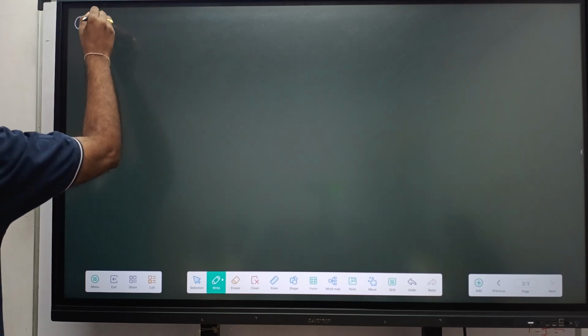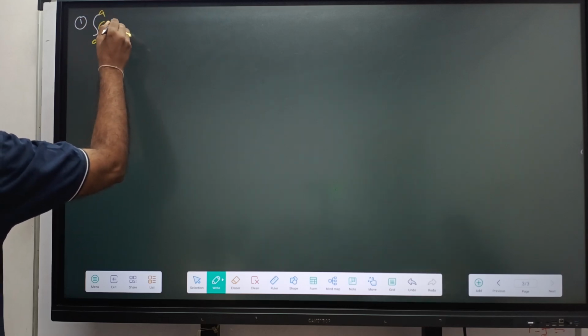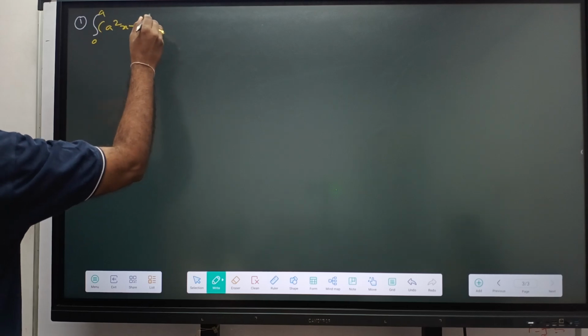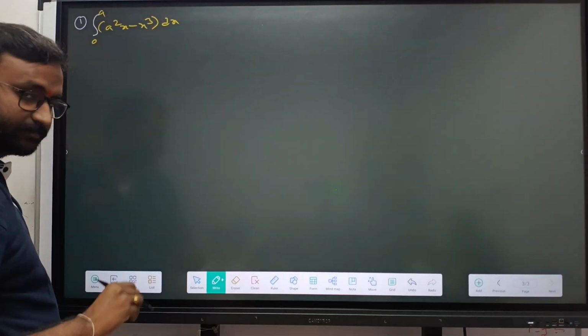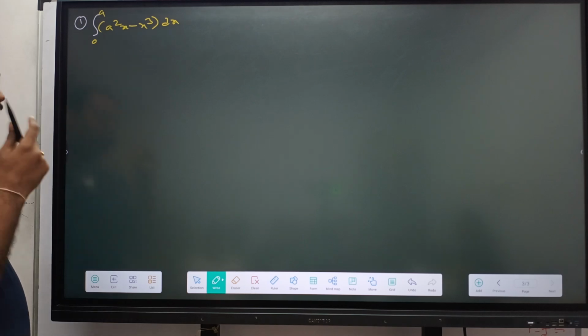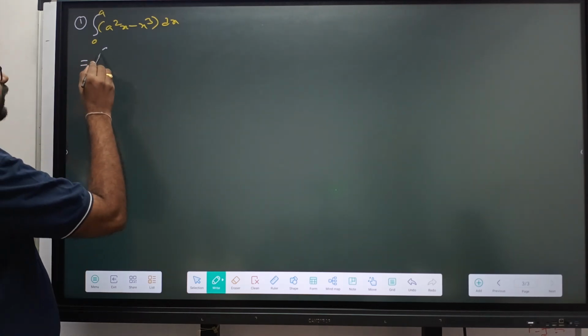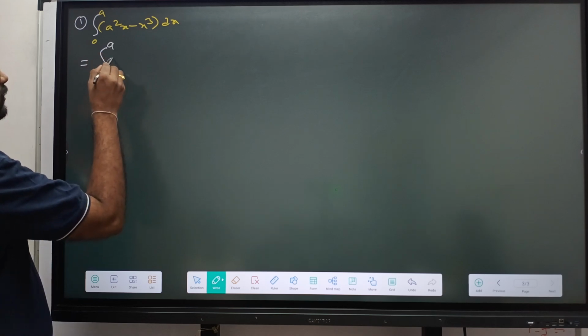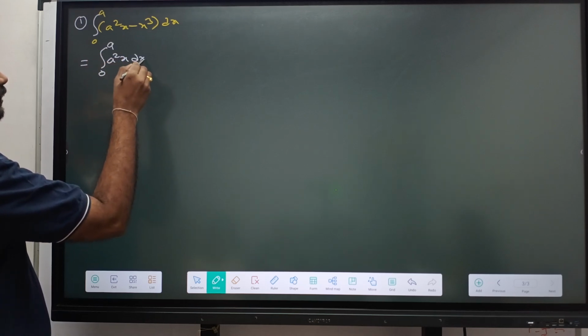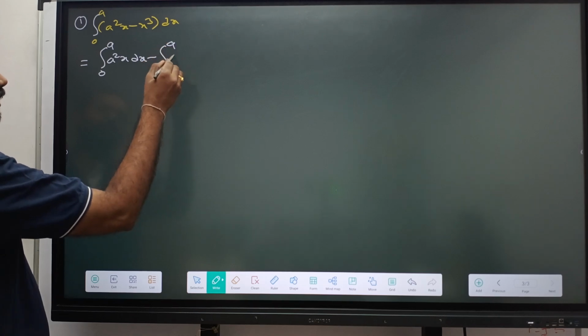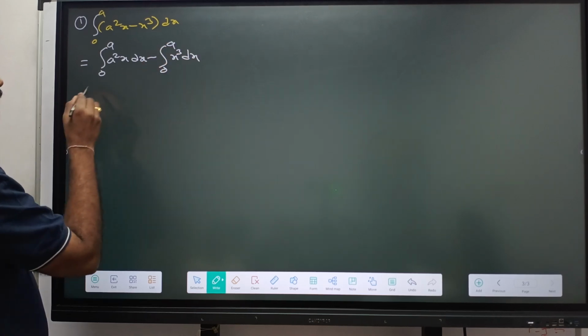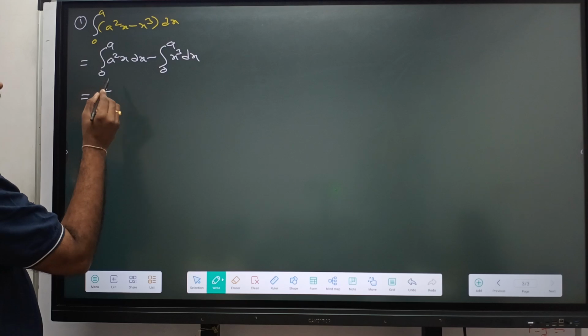Integral 0 to a, square x minus x cube, into dx. Listen. This is the question. Here we have two functions in addition or subtraction, so we can separate them. That is integral 0 to a square x dx minus integral 0 to a x cube dx, which is equal to a square outside, right?